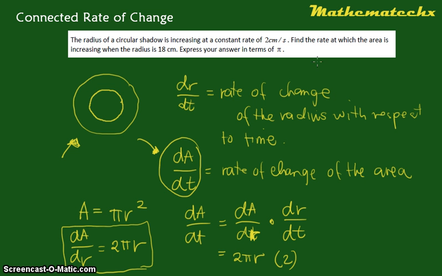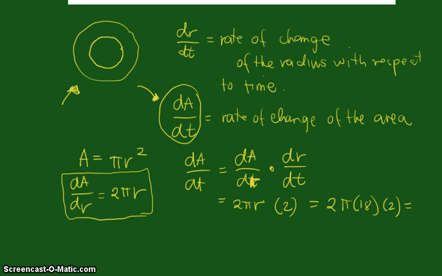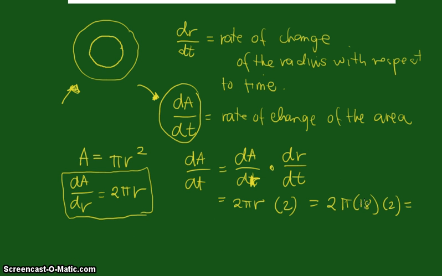Since what we want to find is the rate of the area when the radius is 18, dA over dt when r is equal to 18 will be 2 pi times 18 times 2. So 2 pi times 18 is 36 pi, times 2 is 72, so this is 72 pi.